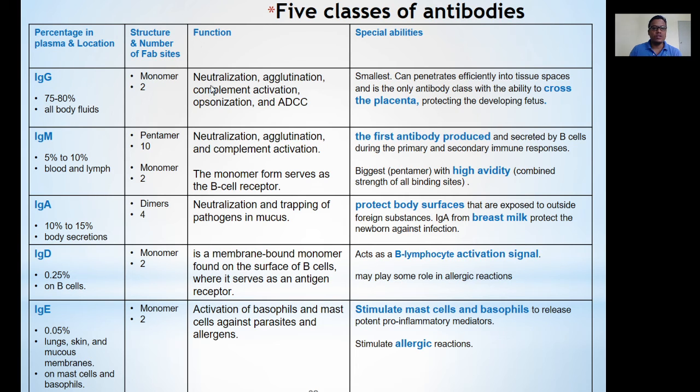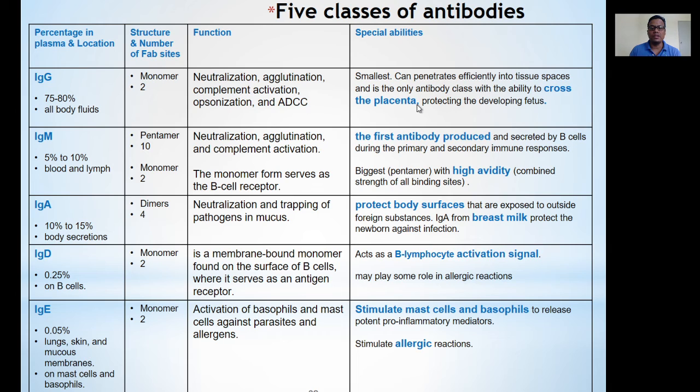The functions include neutralization, agglutination, complement activation, opsonization, and also ADCC. The special abilities of IgG: they are the smallest, so they can penetrate efficiently into tissue spaces, and it is the only antibody that can cross the placenta.